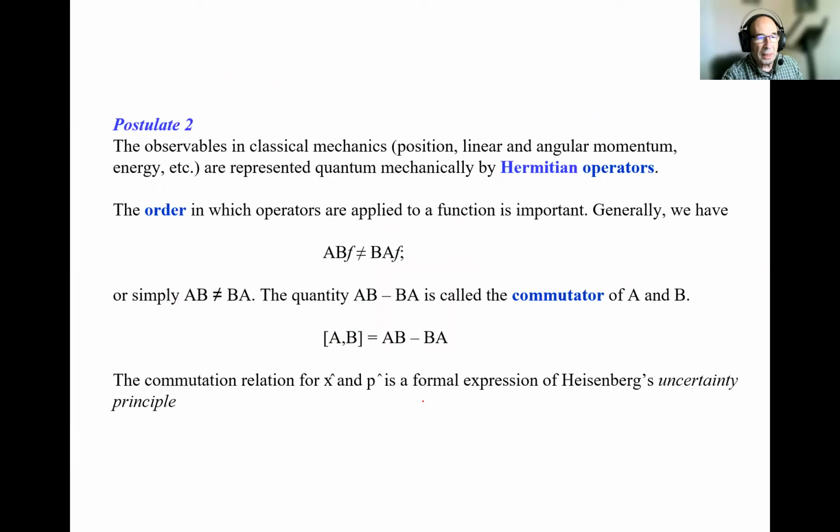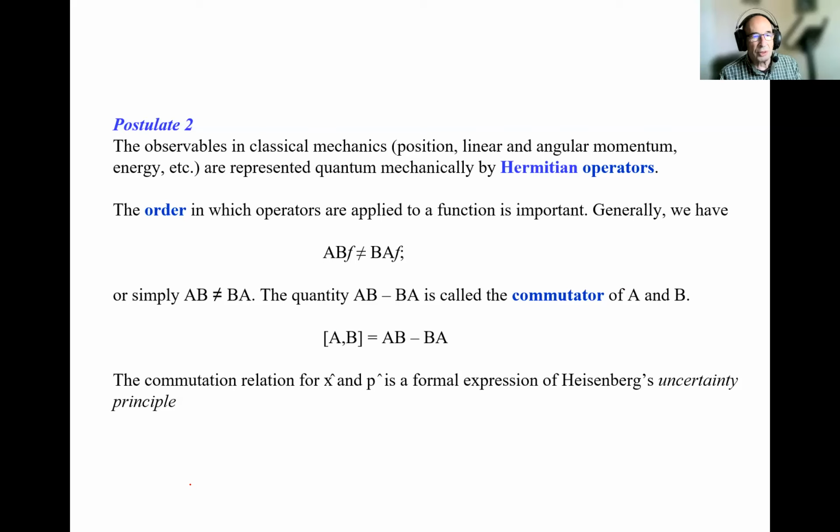Right, so then people have introduced the second postulate, and that postulate is based on several important physical notions. One is the notion of observables. So we need to observe something, right? What are these observables?